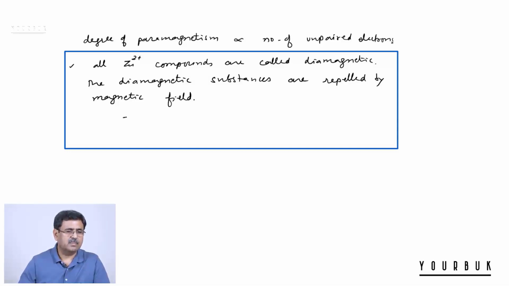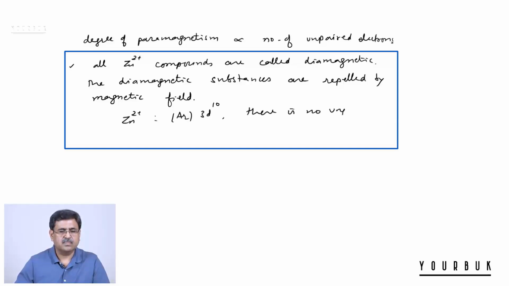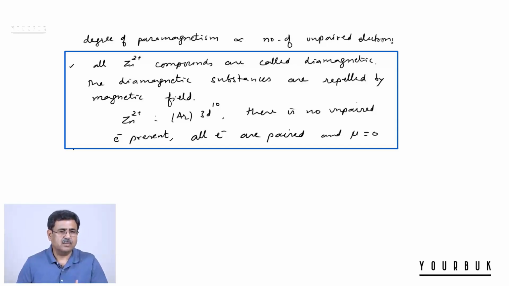And zinc compounds are diamagnetic because zinc 2 plus has a configuration of argon 3d10. There is no unpaired electron present. All electrons are paired and the mu is equal to 0. So all zinc 2 plus compounds are diamagnetic. They have no unpaired electron present.